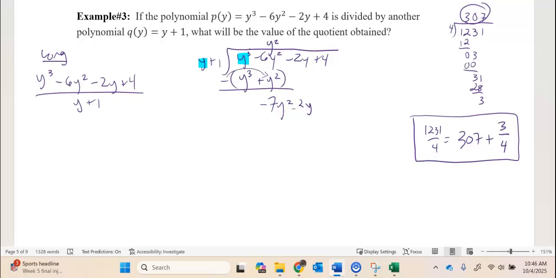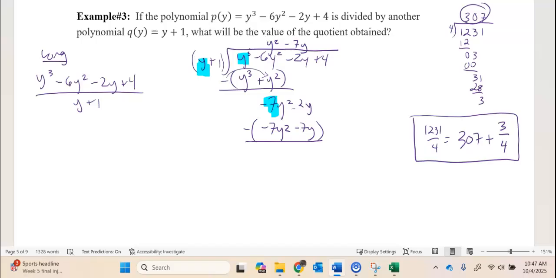Again, you just focus on the first number here. How many times does y go into negative 7y squared? It's negative 7y times, because negative 7y times y is negative 7y squared. But then you multiply the negative 7y by both of these guys, and I get minus 7y, and then you subtract. Okay, so be careful.